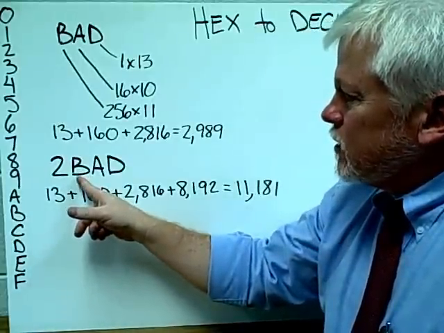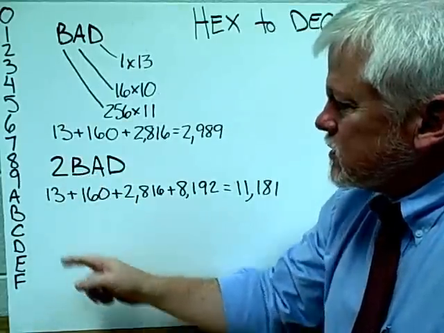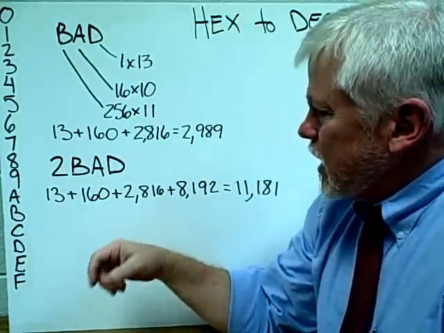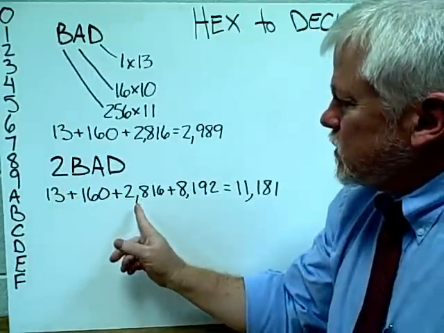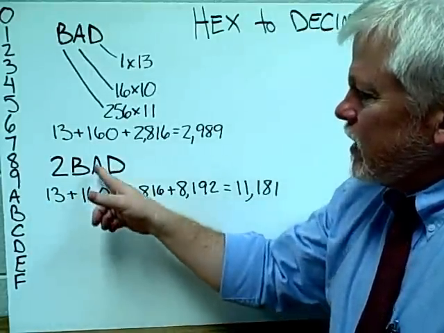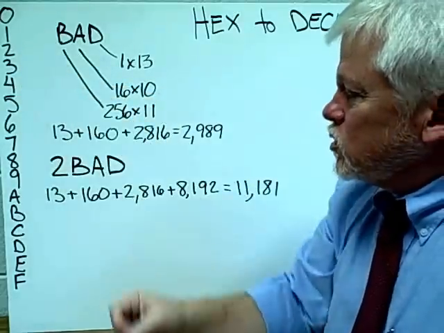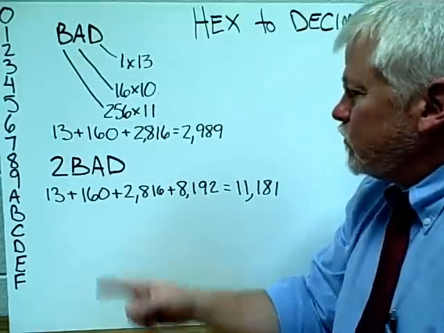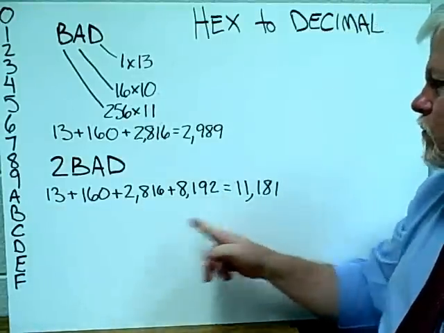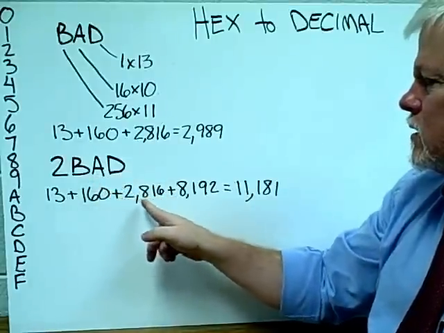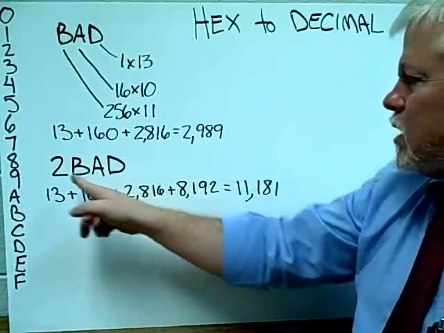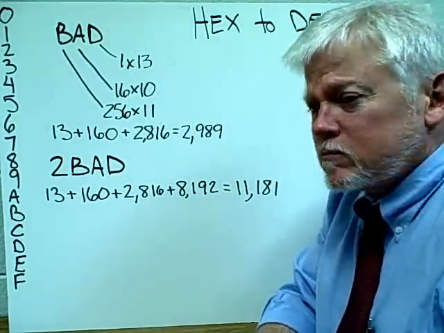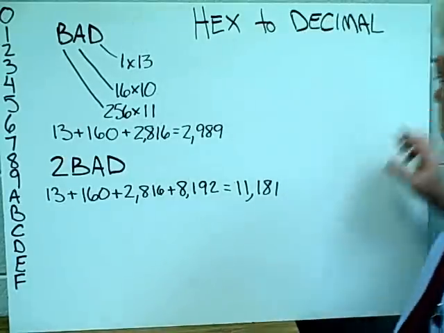The B, which is in the 256 place, is signified by the 11 in the decimal, and 11 times 256 gives me 2,816, and then I've got a 2, which is just a 2, 2 times 4,096, which gives me 8,192. When I add all these numbers up, 13 plus 160 plus 2,816 plus 8,192 yields 11,181. So that's how we convert hex to decimal.